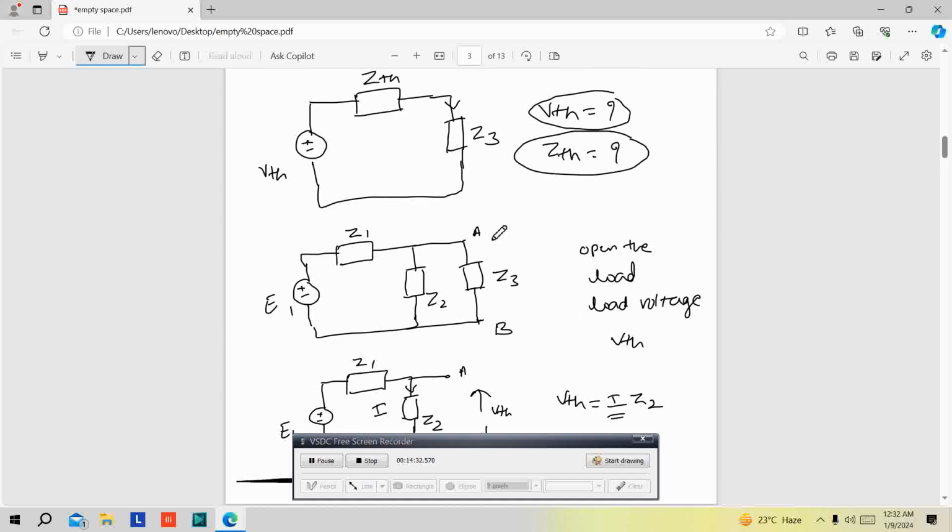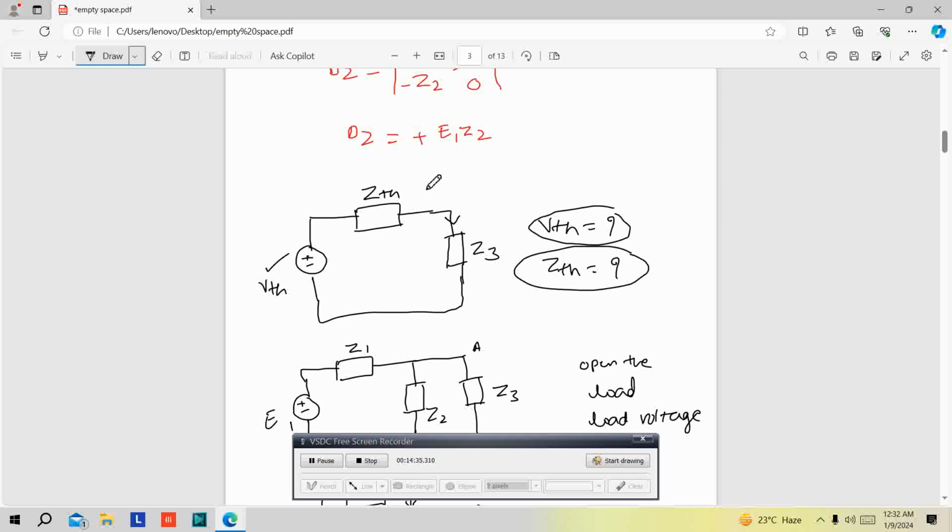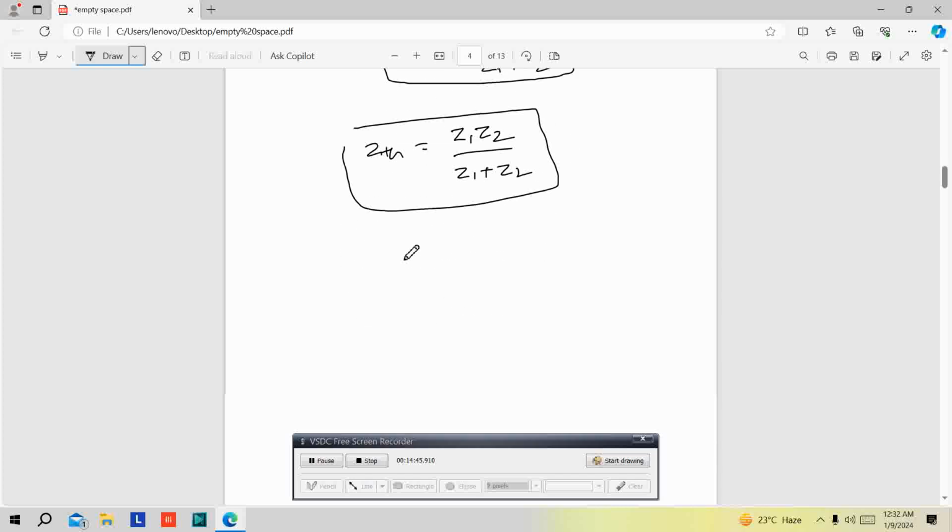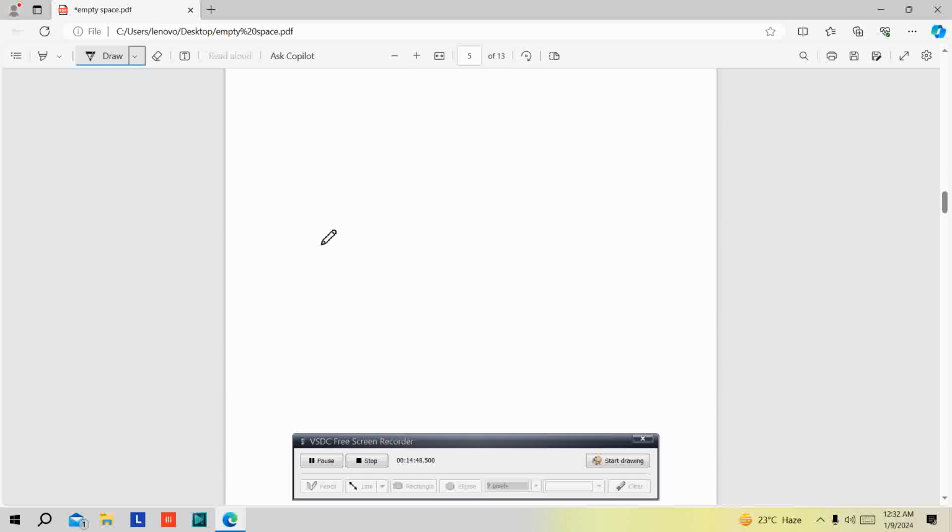Then what is our aim? We have calculated VTH and ZTH, and we just need to connect the load and calculate this current. Here I write the equations. Consider plus minus, this is VTH and this is ZTH, and this is the load Z3.